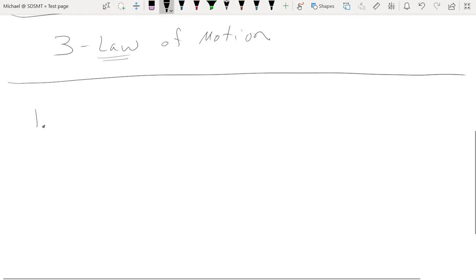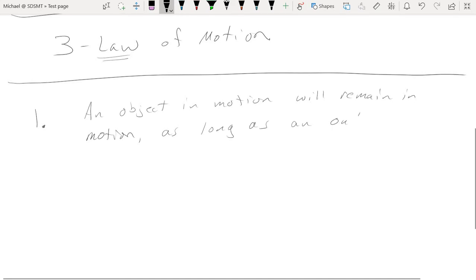So this first law, this incorrect version, says that an object in motion will remain in motion as long as an outside force is applied to it.